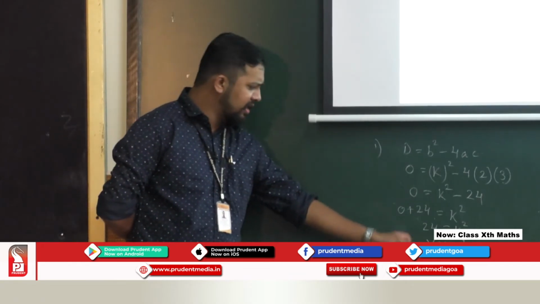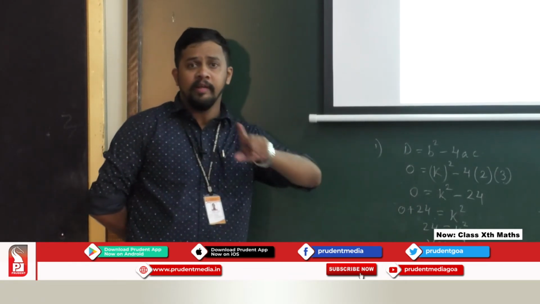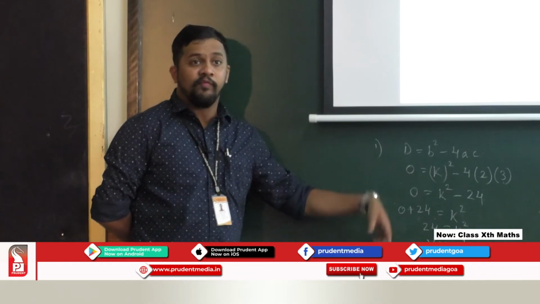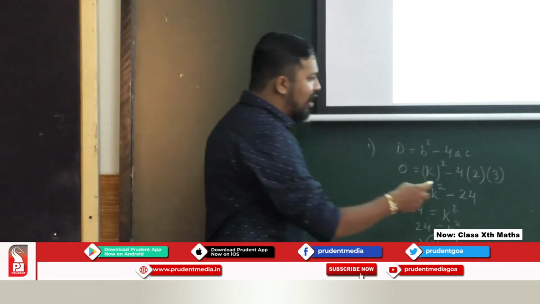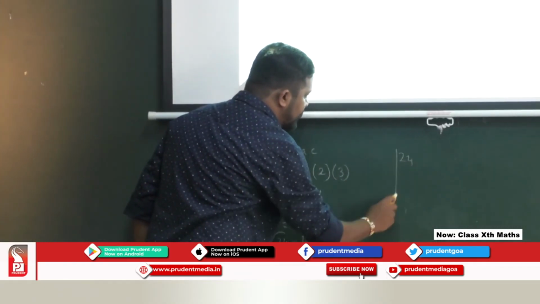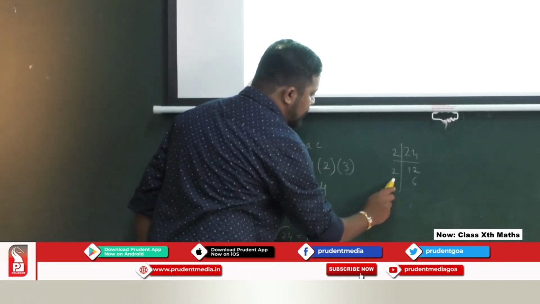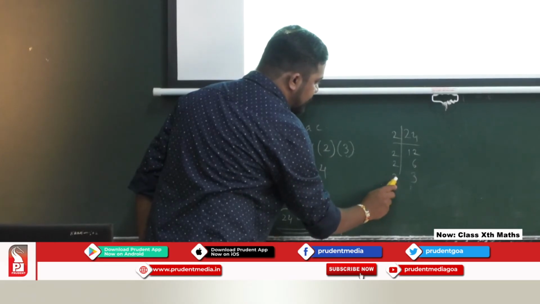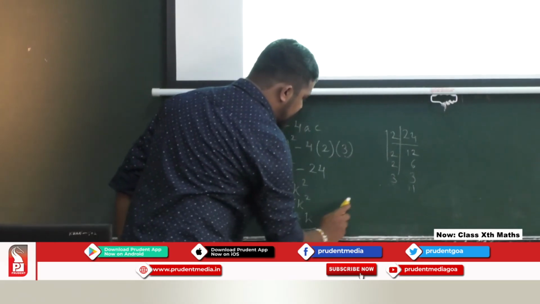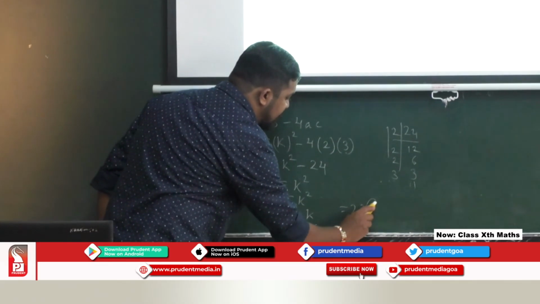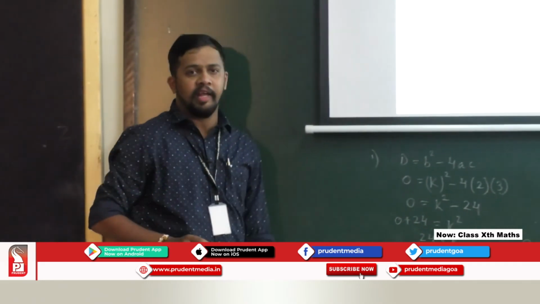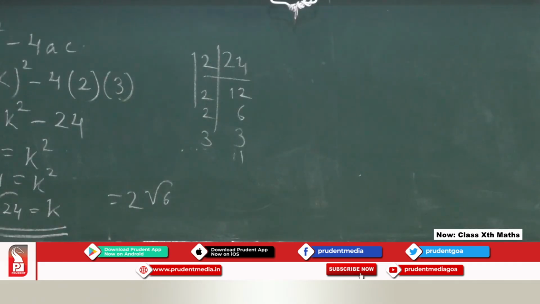So in the options there will be root 24, or sometimes they may also give you the option as factors of root 24. If I find the factors of 24, 2 1s are 2, 2 3s are 6, so it is 2 root 6. So any one of the options will be there, root 24 or 2 root 6. So your first answer is root 24.